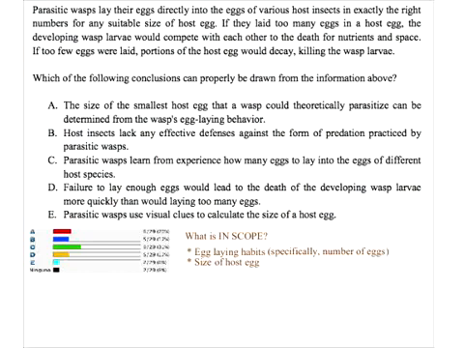Size of host egg, and the reasons why the number of eggs is important. And that's it. That's the entire scope of the passage. So that means that if you have anything that is outside the range of these topics, then it's incorrect.